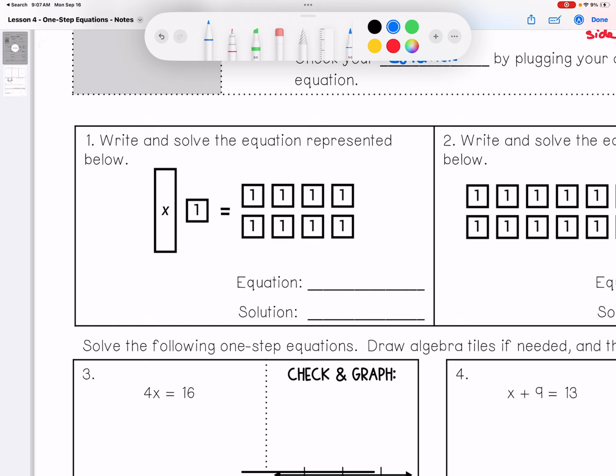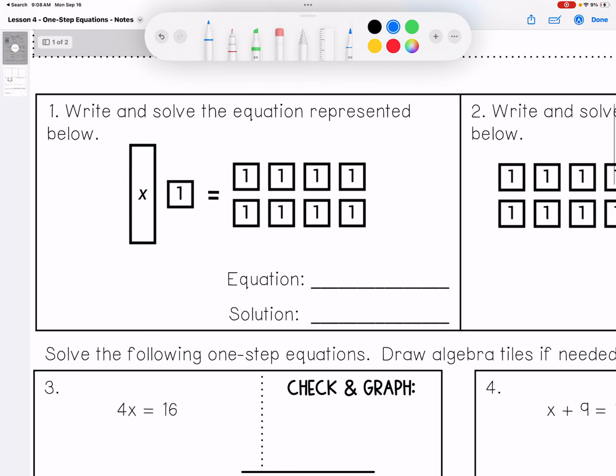All right, so we're going to write and solve the equation represented. They drew kind of a picture of it for us here. What do you think that represents, an x? Remember, as I told you a while back, we're always adding if nothing's there.